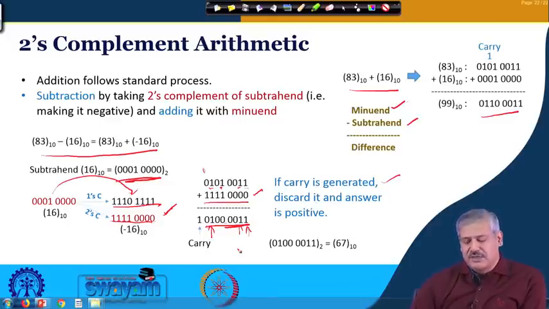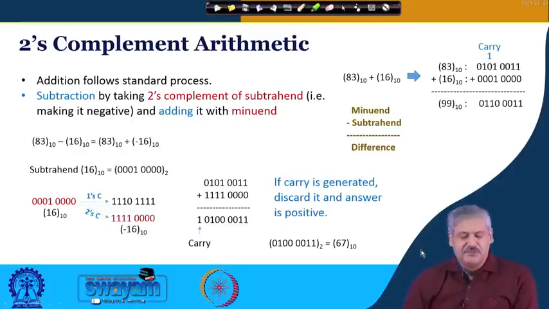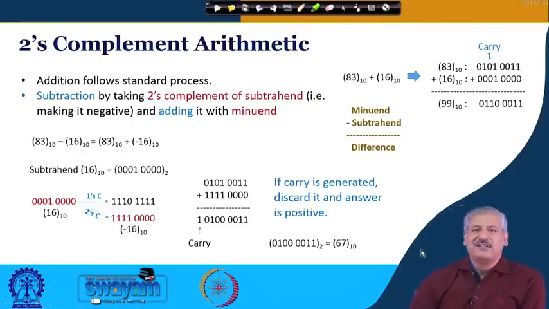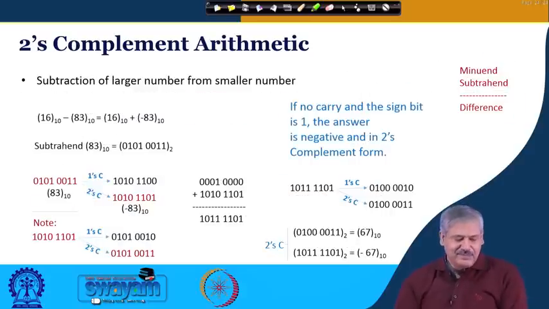Okay. So, that is what you get, right. Is this clear? 67 in decimal. Now, we have to look at other combinations. So, for example, subtracting a larger number from a smaller number and other things. So, we shall look into that aspect now.